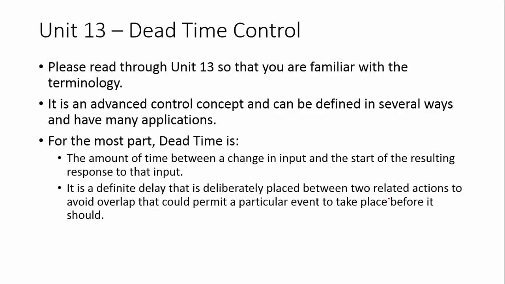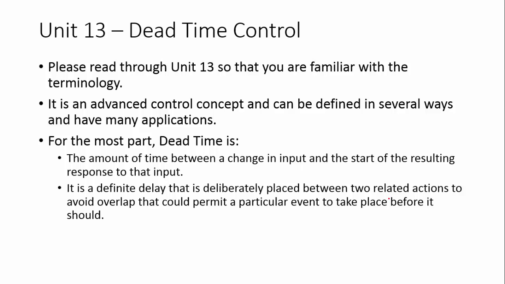Unit 13 of your text covers dead time. This is another advanced control concept, and it can be defined in many different ways. But for the most part, dead time is the amount of time between a change in an input and the start of a resulting response in that output.